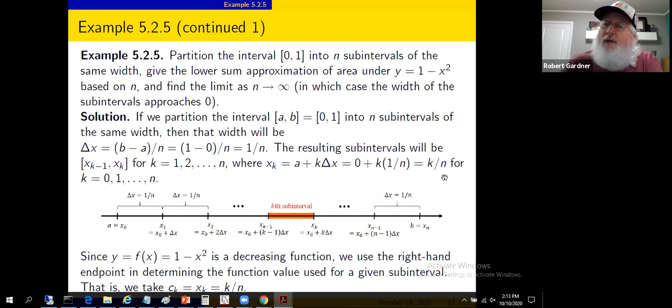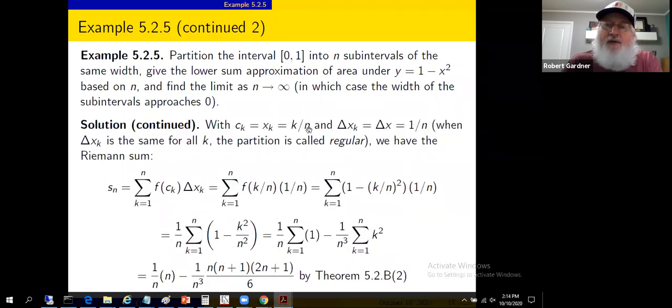All right, Riemann sum time. So we know the function, they gave us that. We know the partition. We know the x sub k's. We know the c sub k's. And we know the delta x sub k's. They're all the same. Let's just denote it delta x.